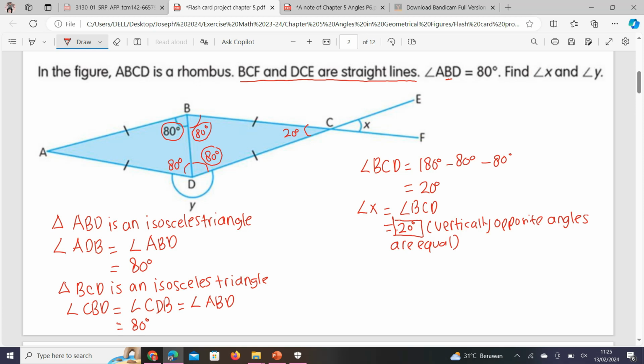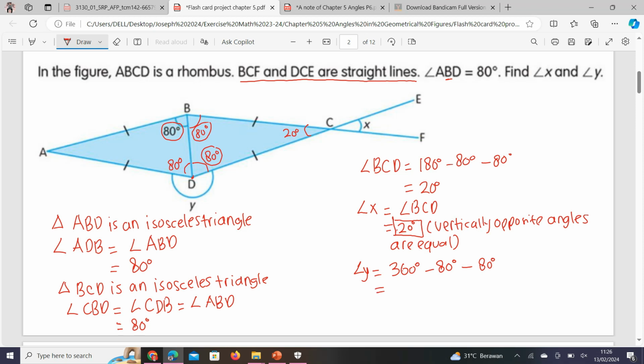After that, to find the angle of Y here, you can use the law of point 1C. In the law of point 1C, the sum of angles meeting at a point is 360 degrees. In this case, the point is point D. So, the angle of Y equals 360 degrees minus 80 degrees from the angle of ADB, minus 80 degrees from the angle of BDC.